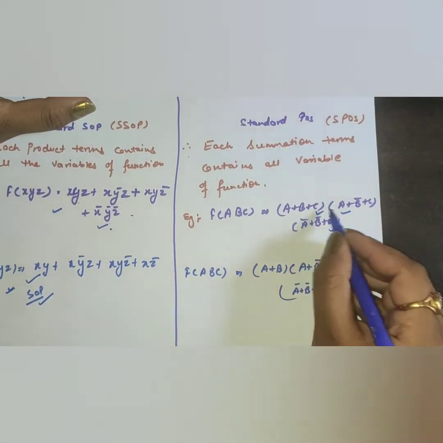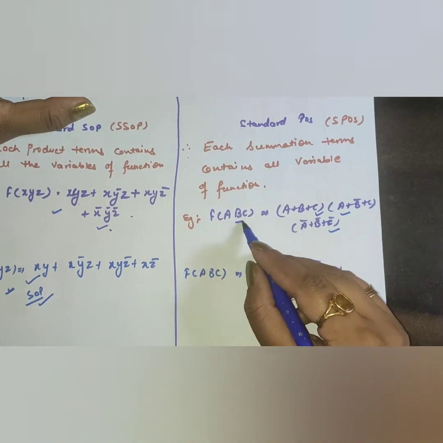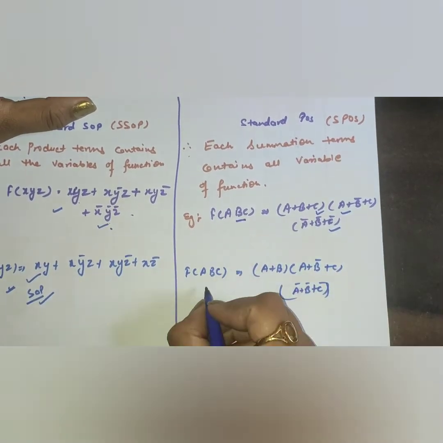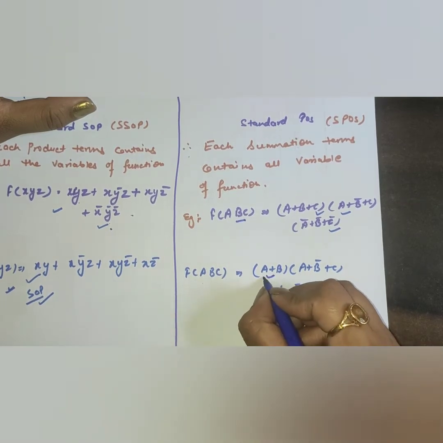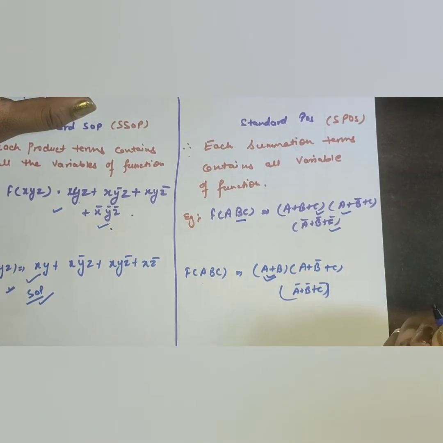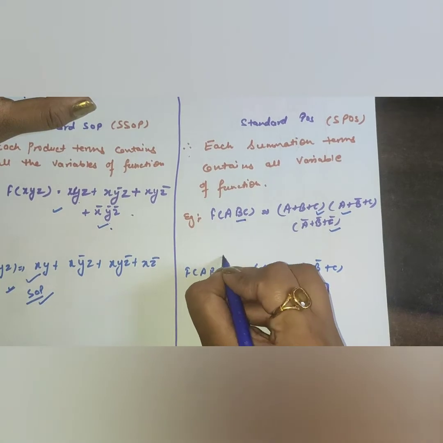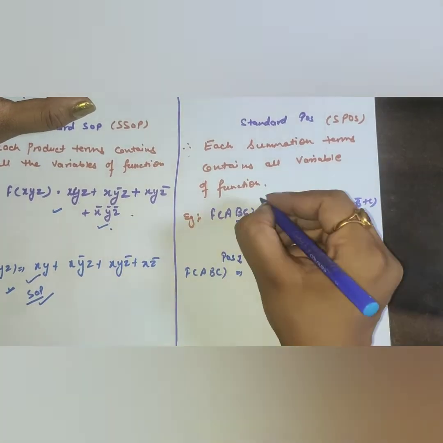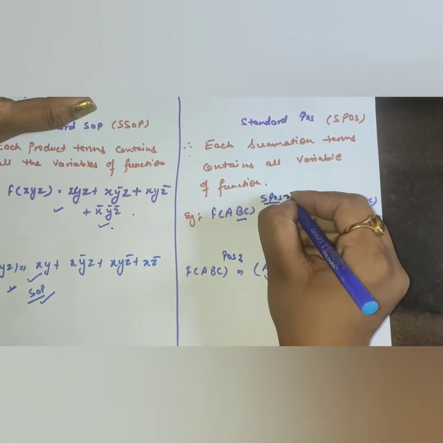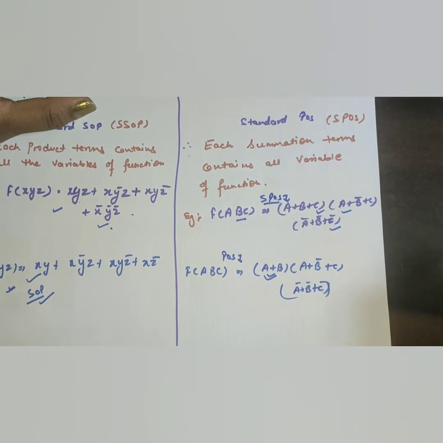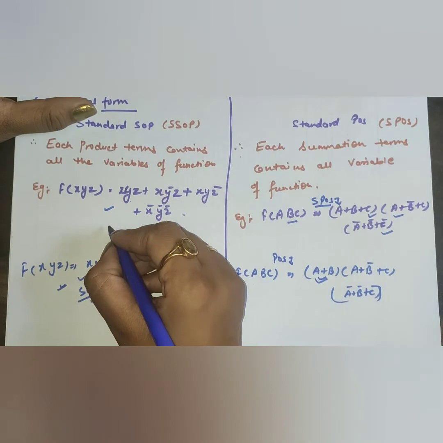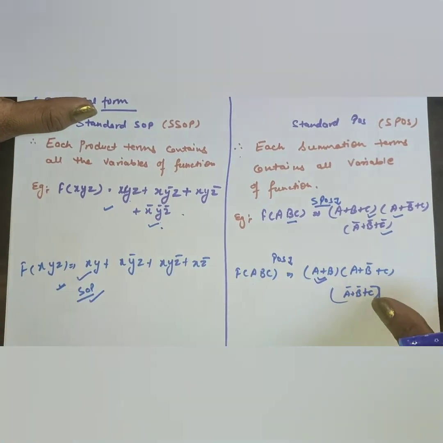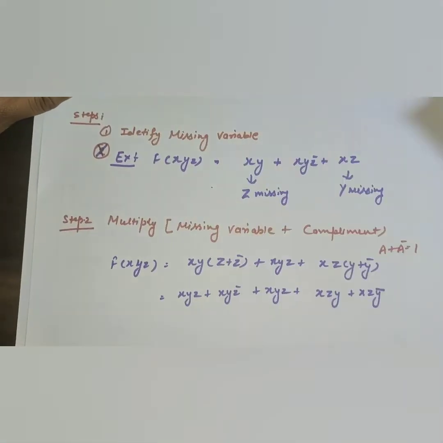But in another term, it does not contain all the variables, c is missing. So this is not standard, this is only POS form. So we have to make this POS form into standard POS form and this SOP form into standard SOP form. I will explain how.